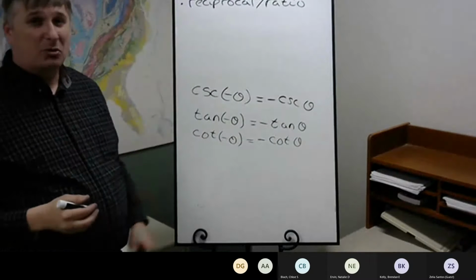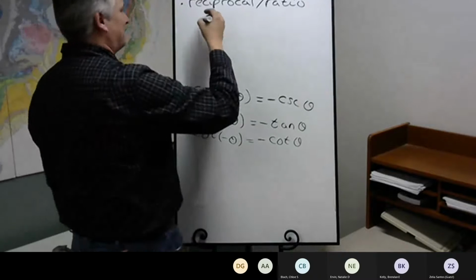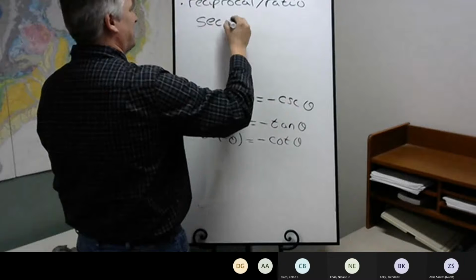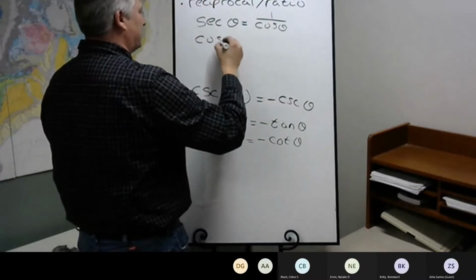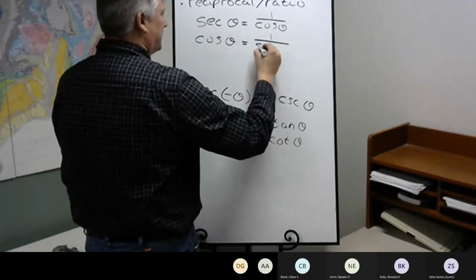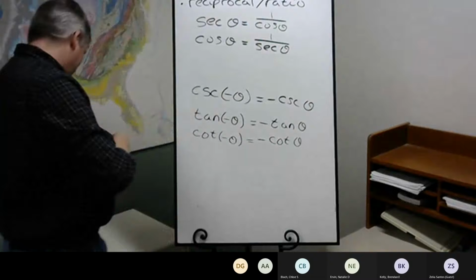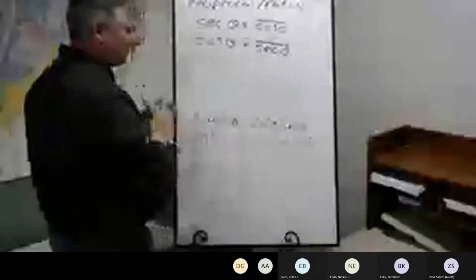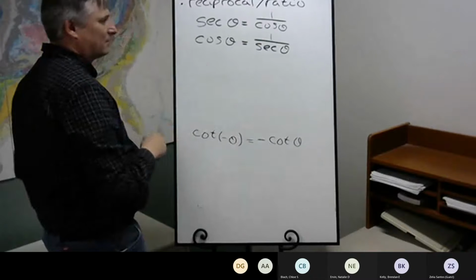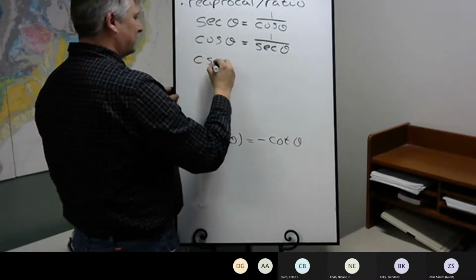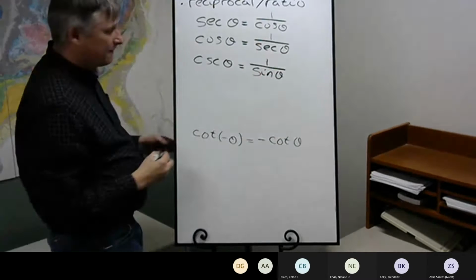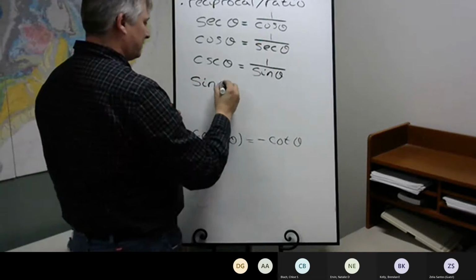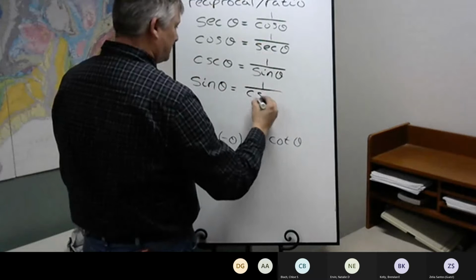So the reciprocal or ratio identities. Secant of theta is 1 over cosine theta. Or put another way, cosine theta is 1 over secant theta. Cosecant theta is 1 over sine theta, or sine theta is 1 over cosecant.